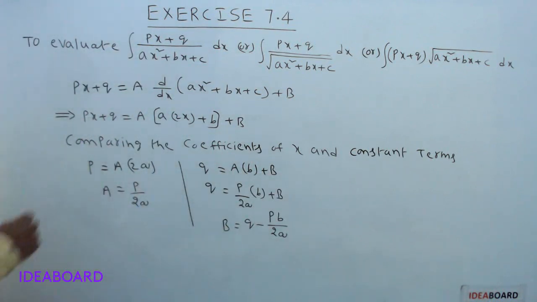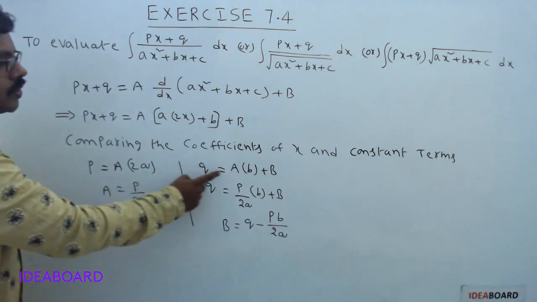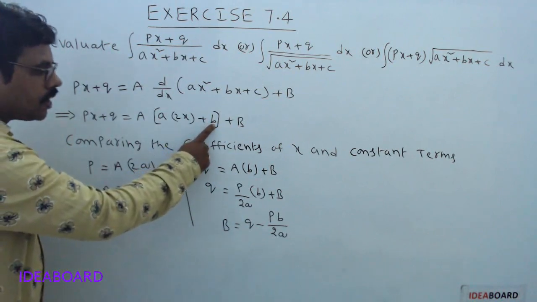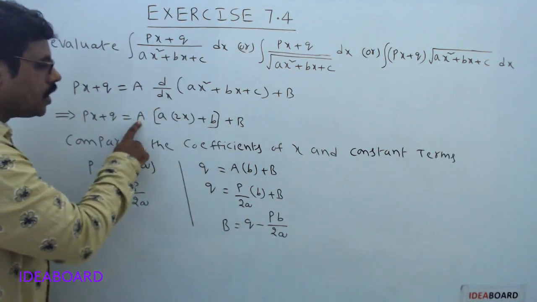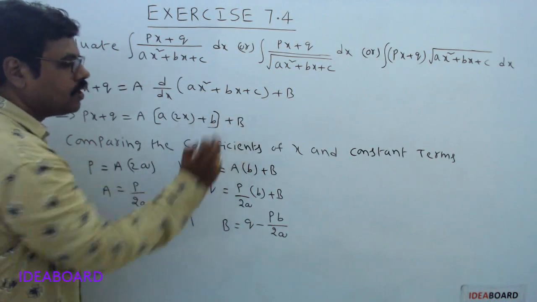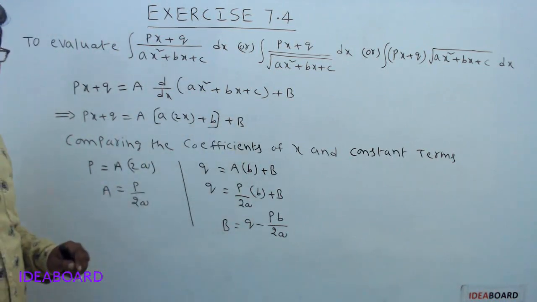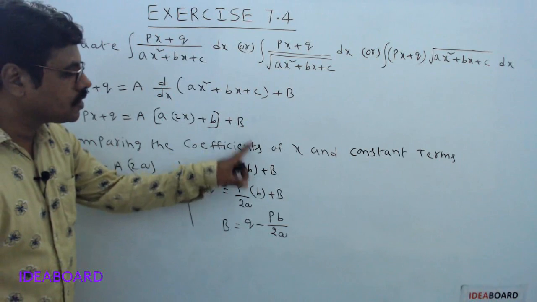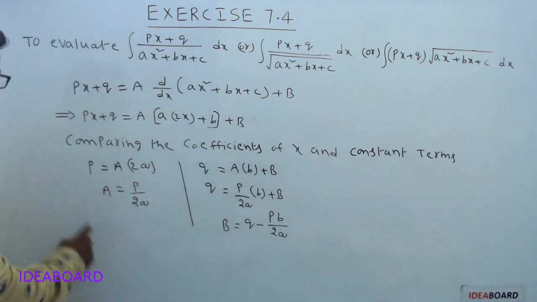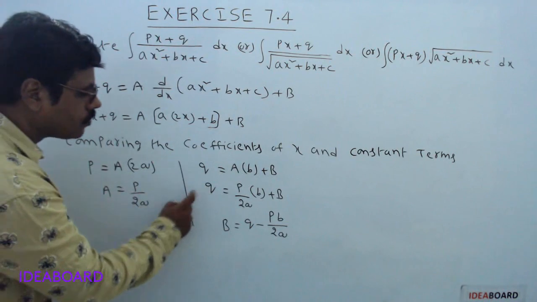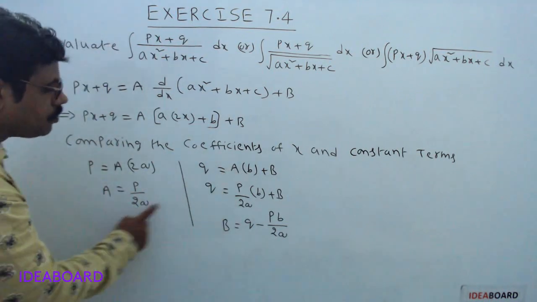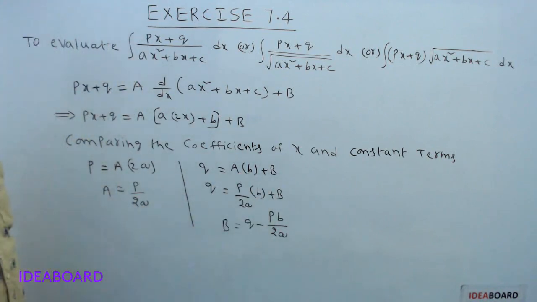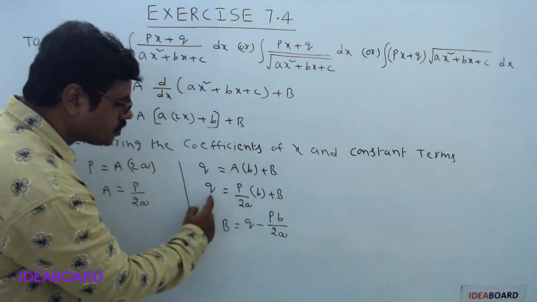Then comparing the constant terms on both sides: on the LHS, the constant term is q. On the RHS, the constant term is A into b plus B. So q = Ab + B. Substituting the value of A, q = (p/2a) into b plus B. Bring this term from RHS to LHS.